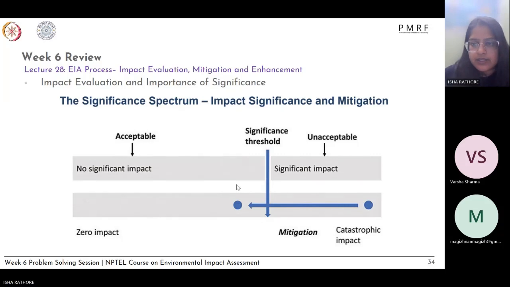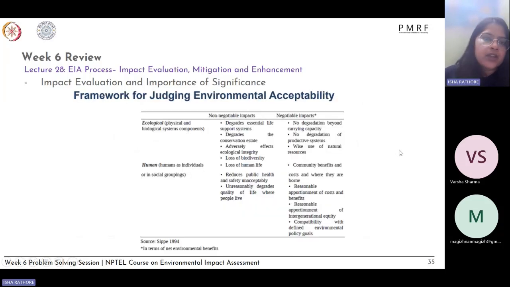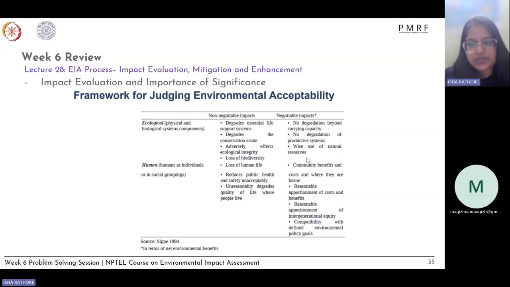Then you also have a framework for judging environmental acceptability, with negotiable and non-negotiable impacts. Negotiable impacts, for example from an ecological perspective, where we look at physical and biological systems or components, are no degradation beyond the carrying capacity of the ecosystem, no degradation of productive systems, and wise use of natural resources.